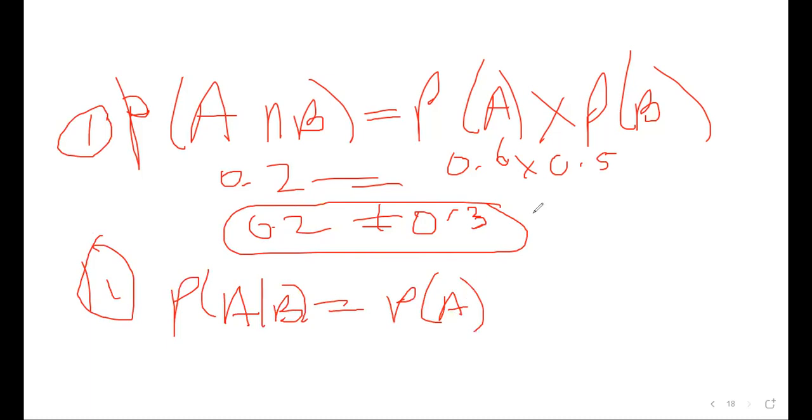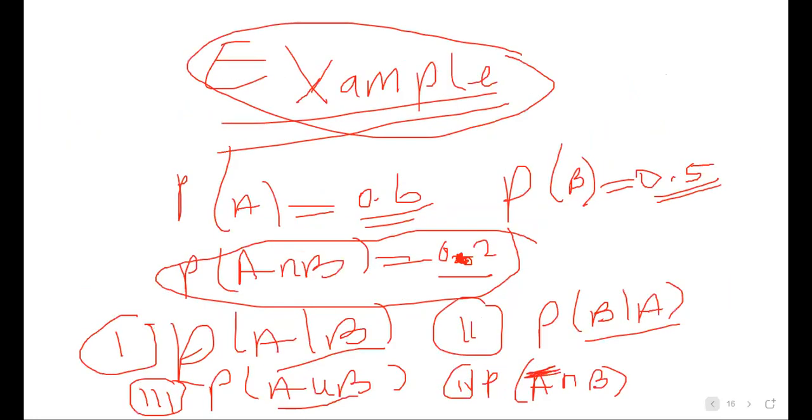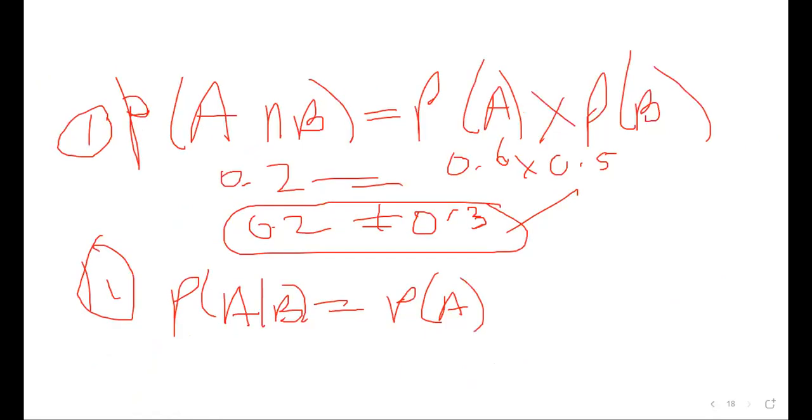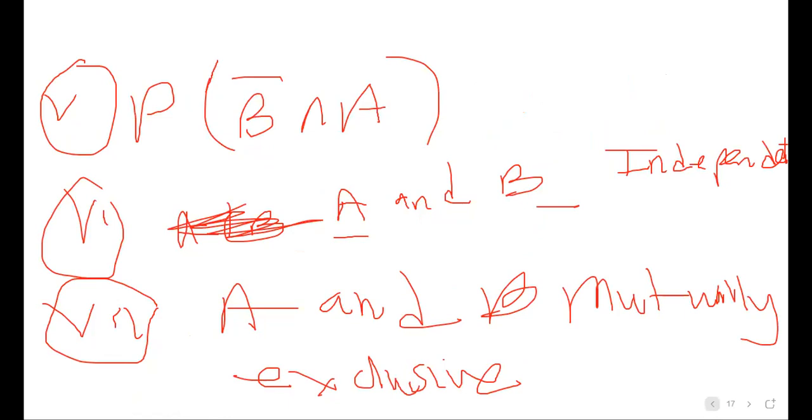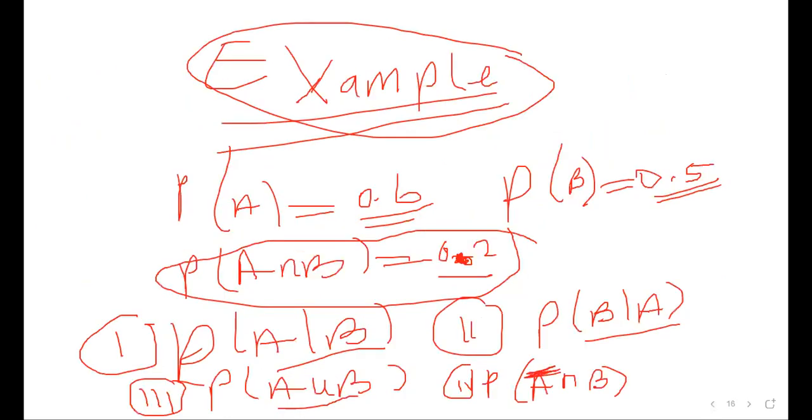If you are independent, if this one doesn't work, go for the second one. Probability of A given B is equal to probability of A. So what is A given B? We already found the answer for A given B, which is 0.4.